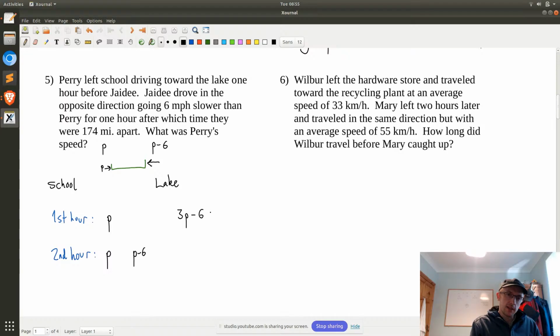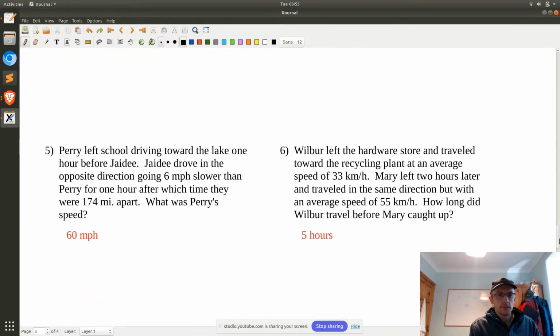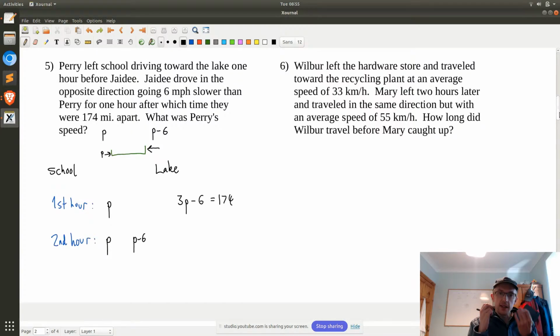Oh, why am I not getting this? Instinctively, I want to say that's equal to 174. Add 6 to both sides, so we get 3P equals 180, divided by 3, so we get 60. Right. But should we just see if that's right? Okay, it actually is. But I have to understand it, right?